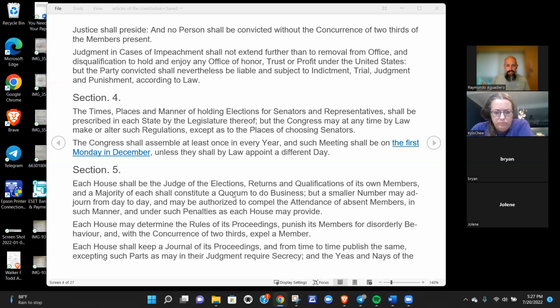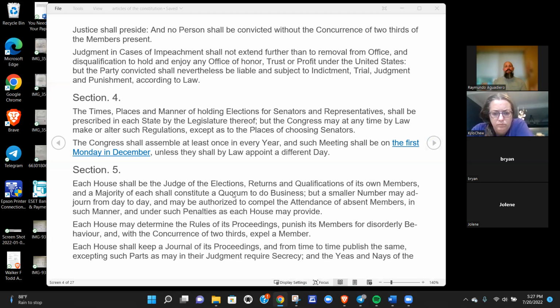So in order to do business, there has to be a majority in each house, the Senate and the House of Representatives. That's a quorum.